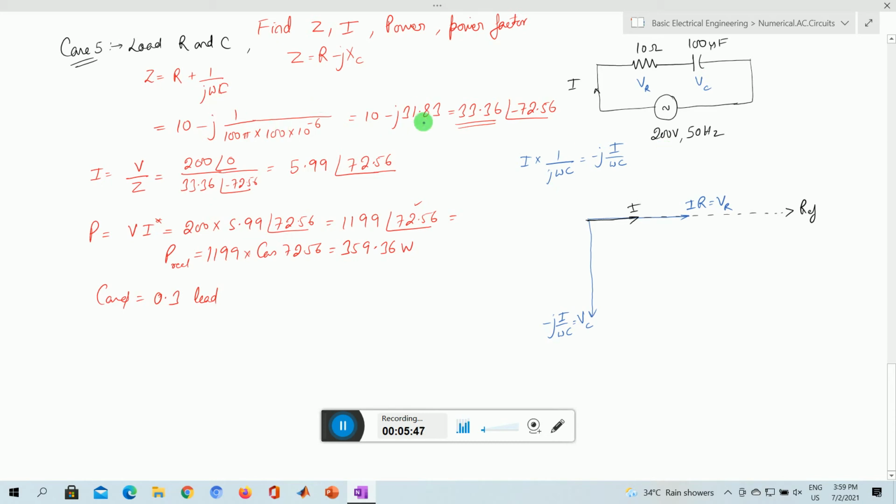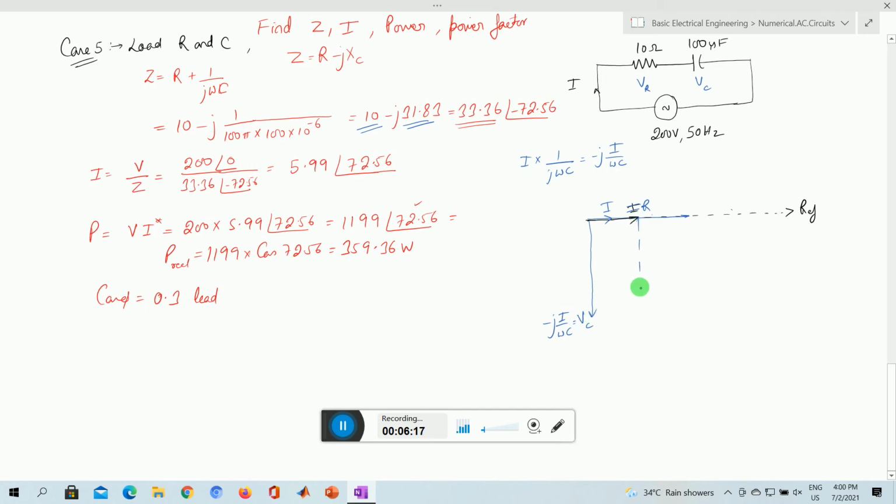Now the capacitive reactance is 31 and the resistance is 10. So let us bring the resistance value a little closer so that we map an actual picture. Let us say the current is here and IR is here. This is I into 10, and this is I into 31.8.